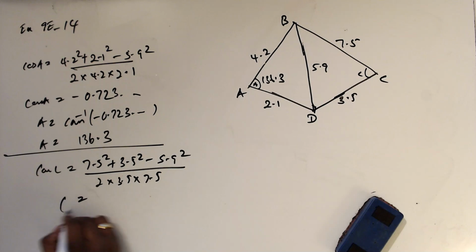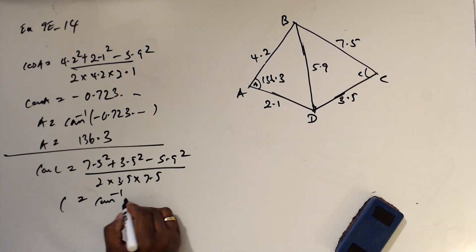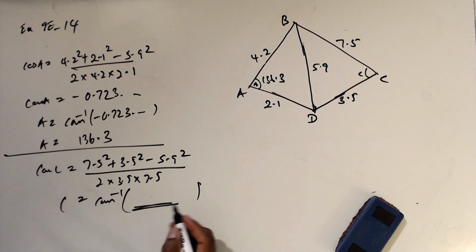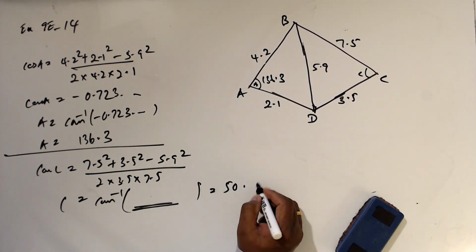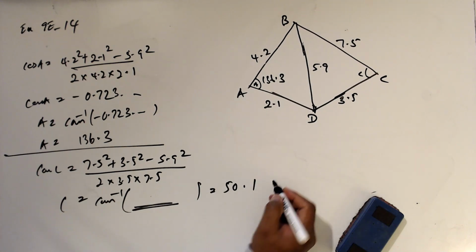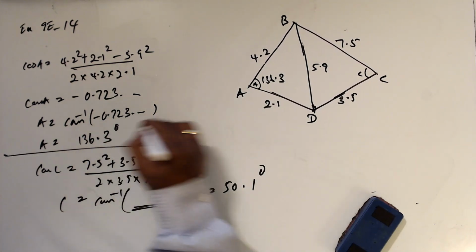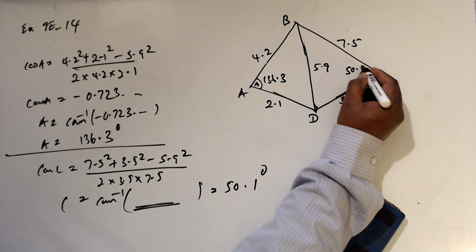So C equal cos inverse this value. So you can calculate from the calculator straight and get 50.1.